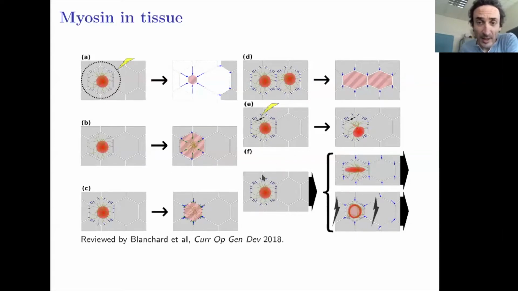And finally, here in conditions of an anisotropic boundary condition, so you have a tissue which is under tension in one direction, along the x direction here, and myosin is active, it turns out that it also organizes within the cell and gets anisotropic within the cell due to the cue of this force.